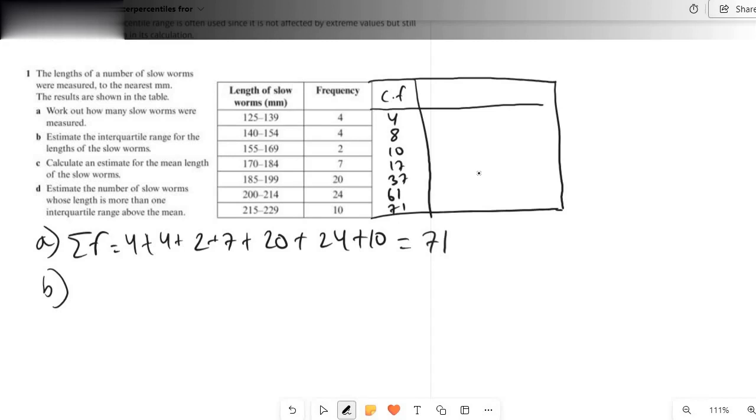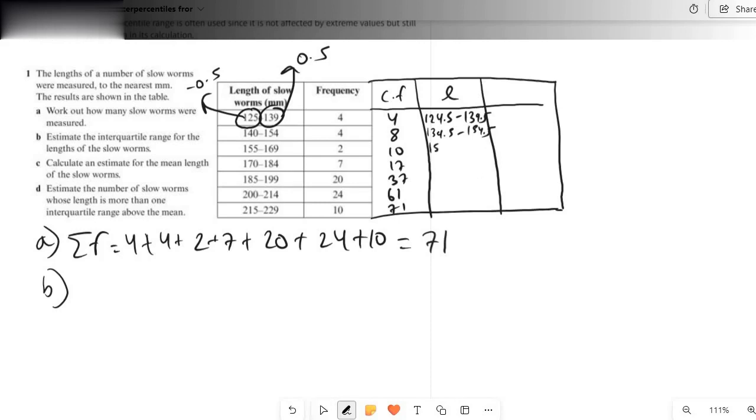and we can now write the corrected values, which is going to be 124.5 to 139.5, because if you remember, we subtract the lowest boundary with 0.5 and we add 0.5 to the highest boundary. So the next ones will be 139.5 to 154.5.